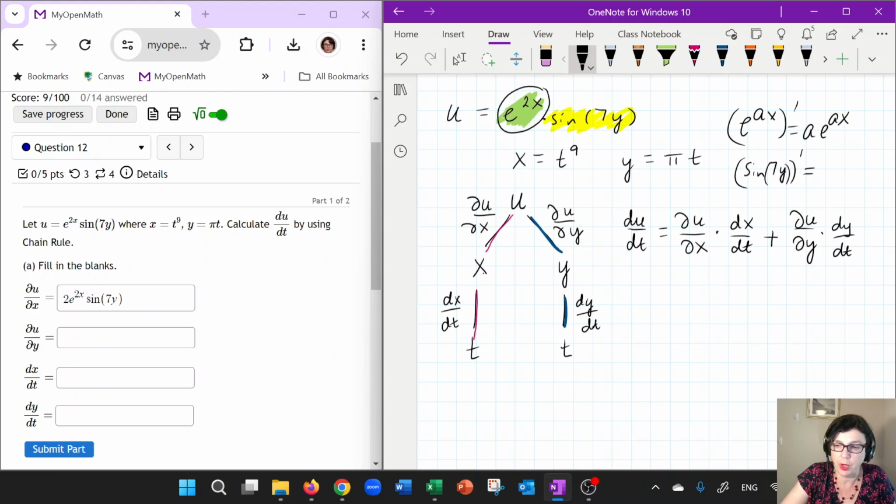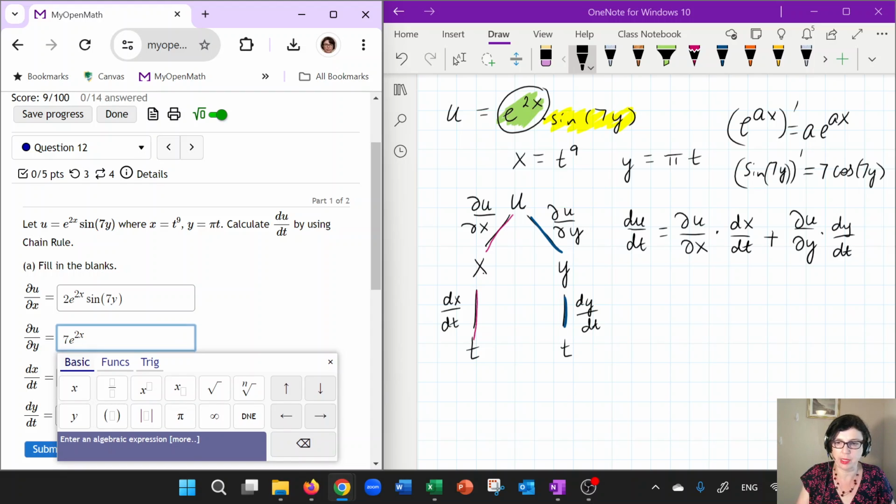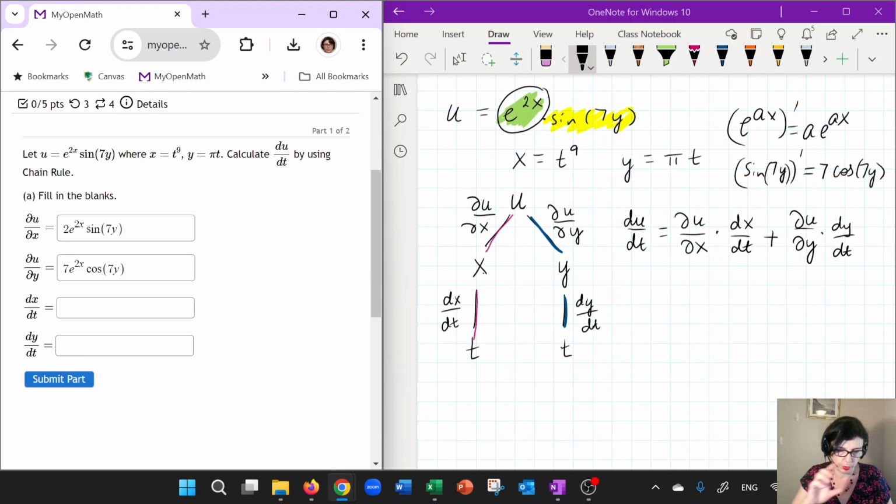It's going to be 7y. So it's going to be cosine 7y, and then 7 goes to the front. That's a regular chain rule. And then the other term we keep. So we're going to get 7 e to the 2x cosine 7y. It's customary to put the numbers in the front, so I'm just reordering it by putting the 7 to the front.